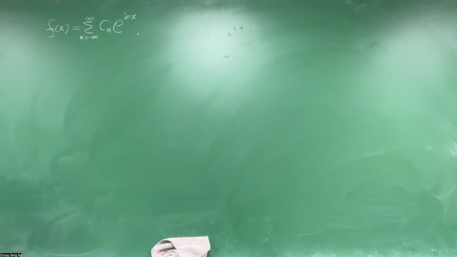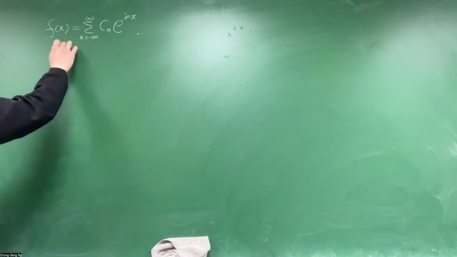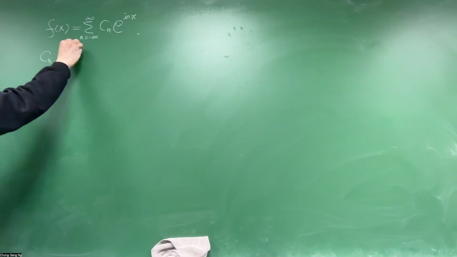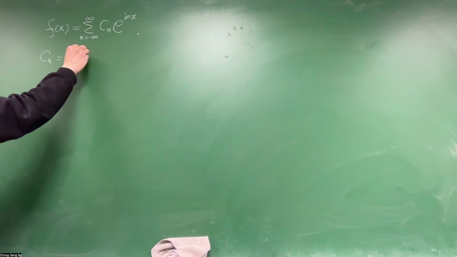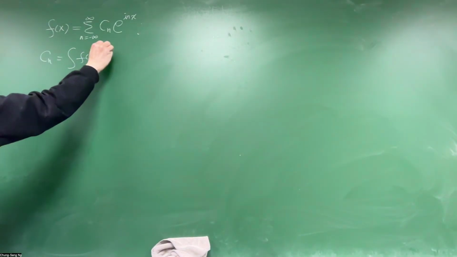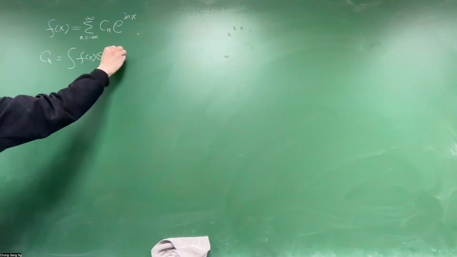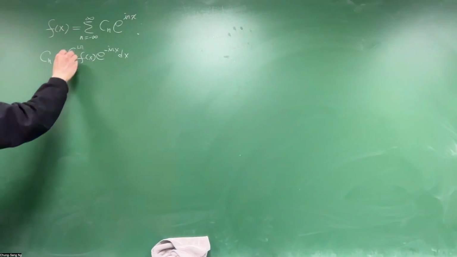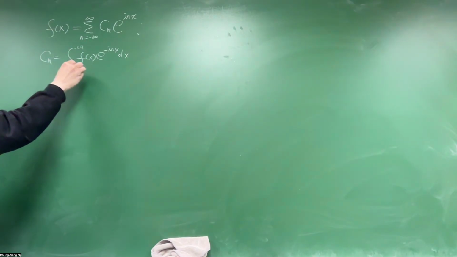Right. So that is 19.4. And then we divide that, C sub n. Just basically integrate f(x) e to the minus i n x dx over the period of 0 to 2 pi, and then divide by a normalization.